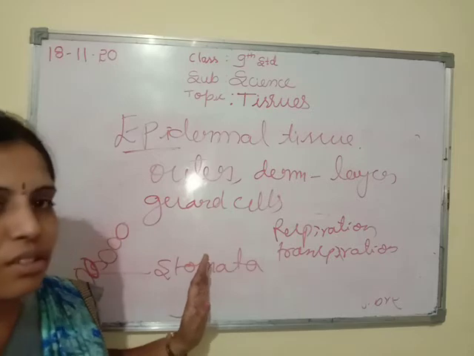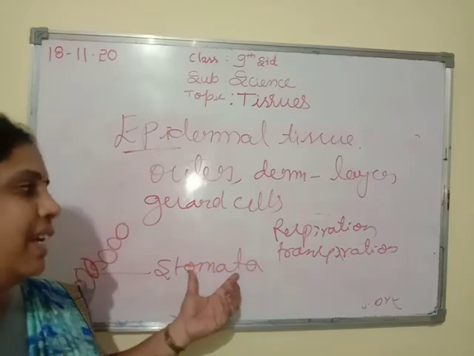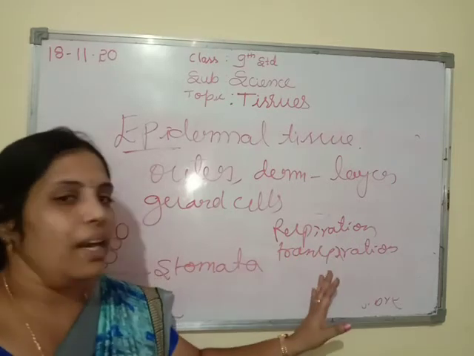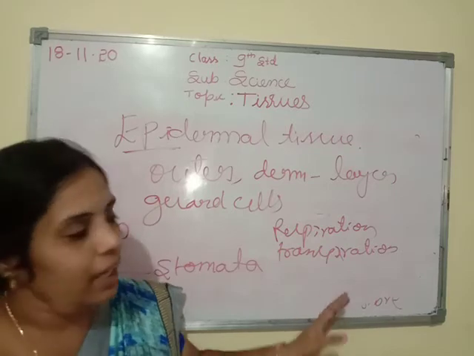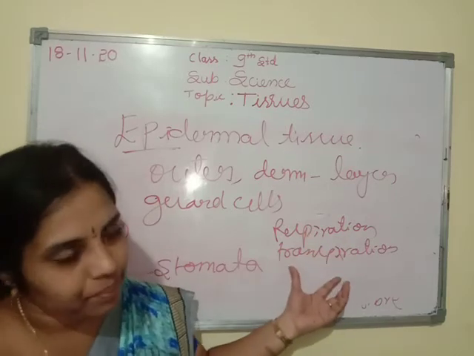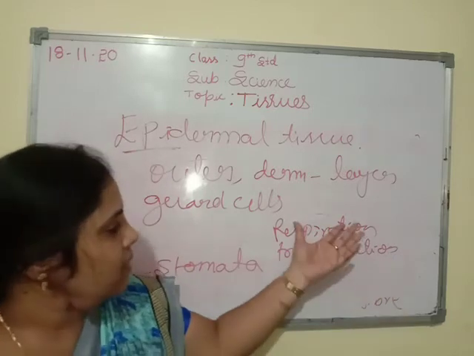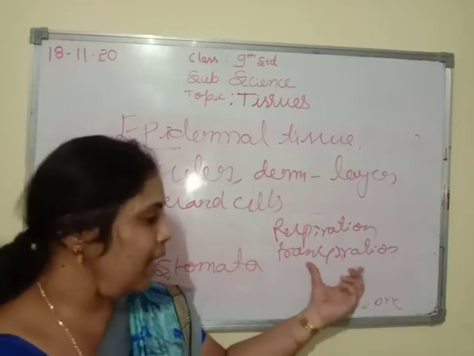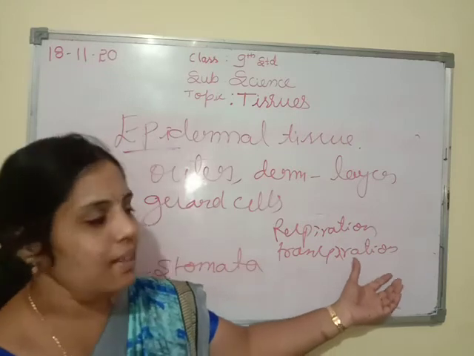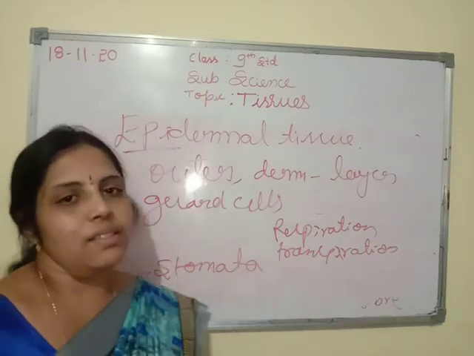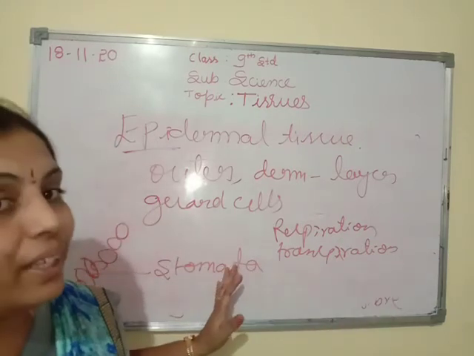So this stomata is very helpful in respiration and transpiration, it helps with both. What is transpiration now? Respiration means breathing, you know. So what is transpiration? It is nothing but the removal of excess water from the plant body.